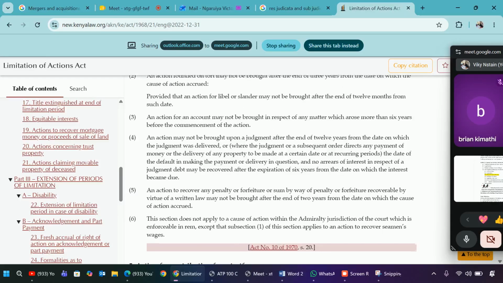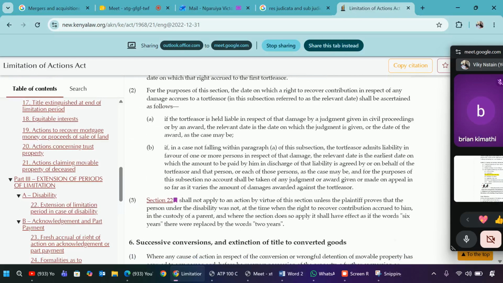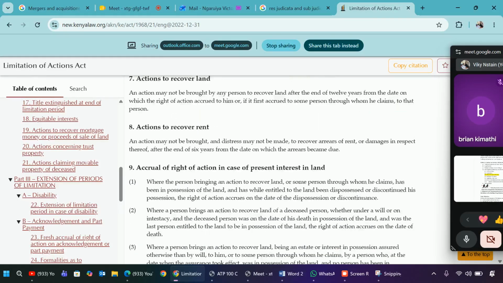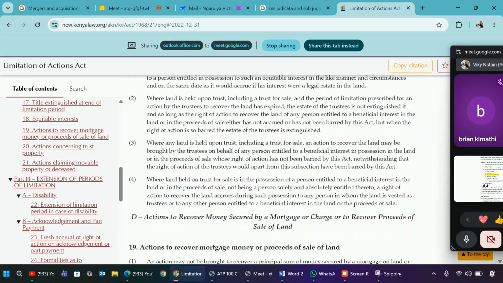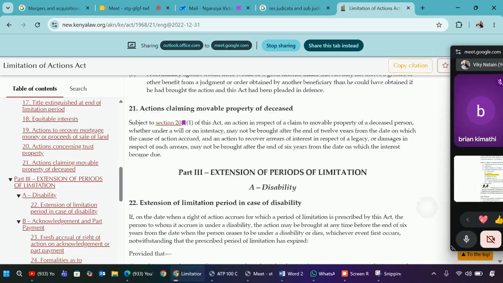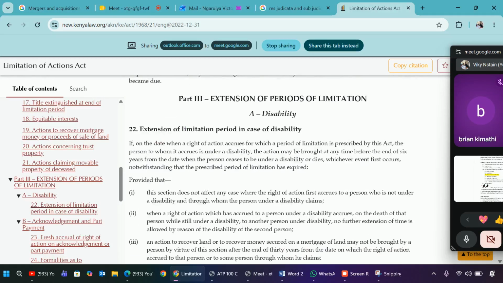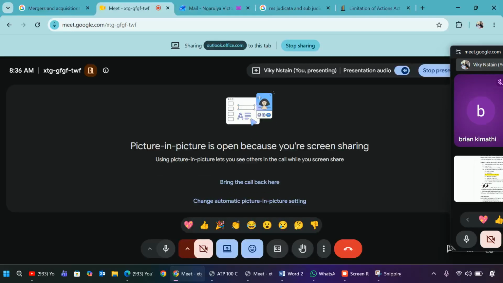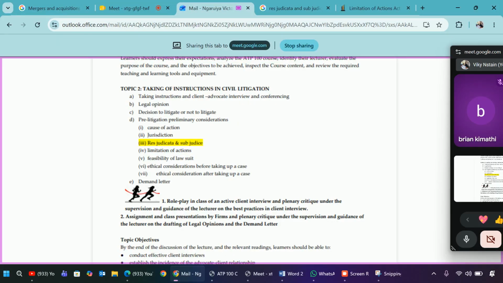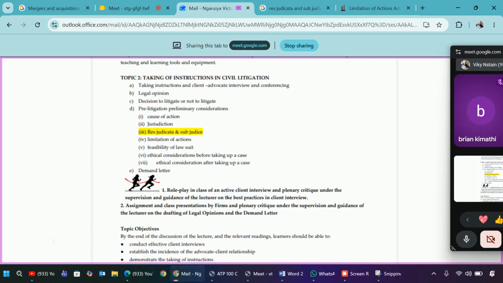I'll confirm the same, because for personal injury claims you can seek an extension of time. For employment matters, you cannot seek extension of time after 3 years, and there is a Court of Appeal decision to that effect. So those are the key takeaways when it comes to the Limitation of Actions Act.